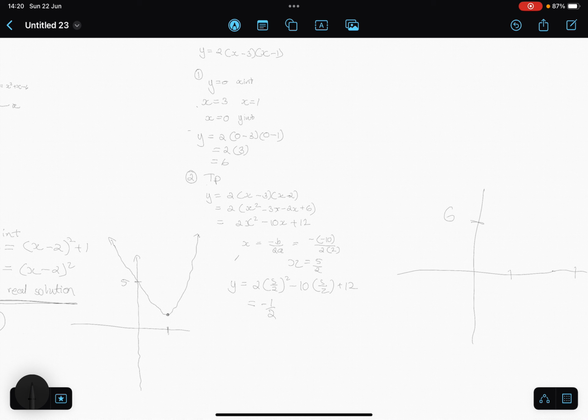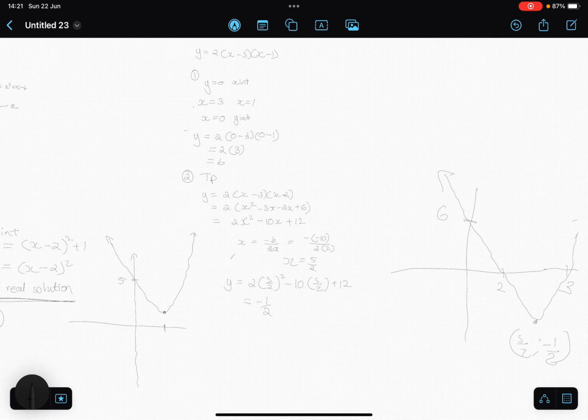That's 2.5, somewhere there. Then draw your function in. Obviously it needs to go all the way up. And then put your turning point in, 5/2 and -1/2. Cool. You would also put your intercepts in as well, so 2 and 3. And then write your function out next to your graph.